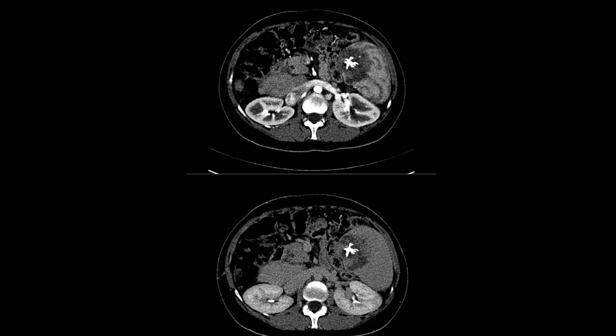This is a typical appearance of a sclerosing lesion. Which lesion, sir? Sclerosing angiomatoid nodular transformation of the spleen. Okay. Okay, sir.